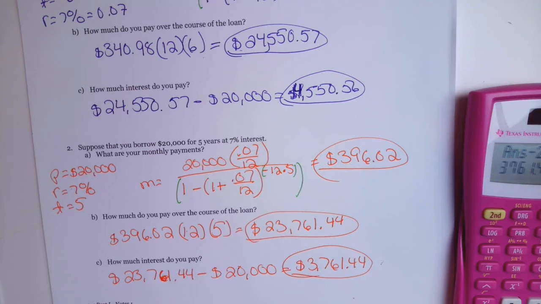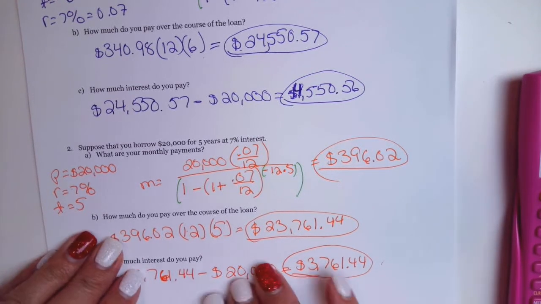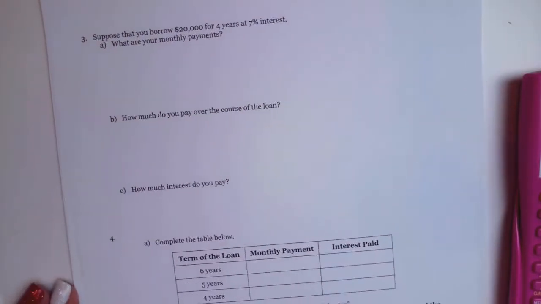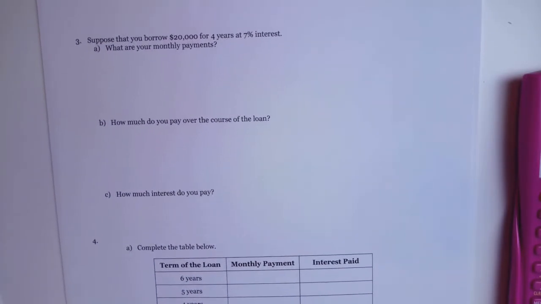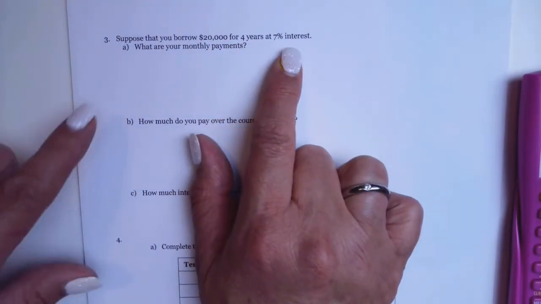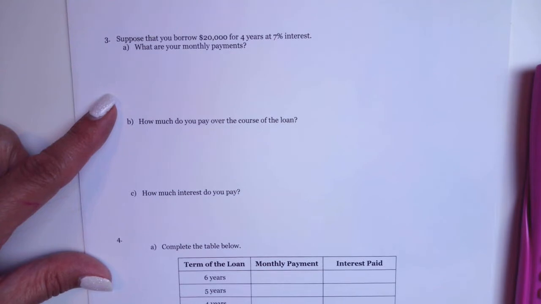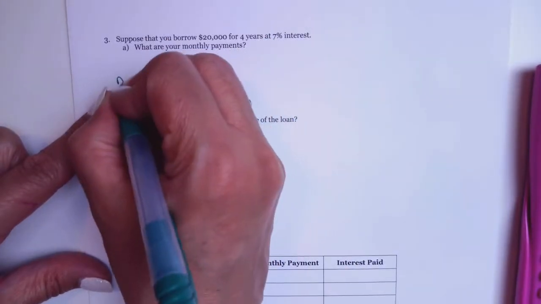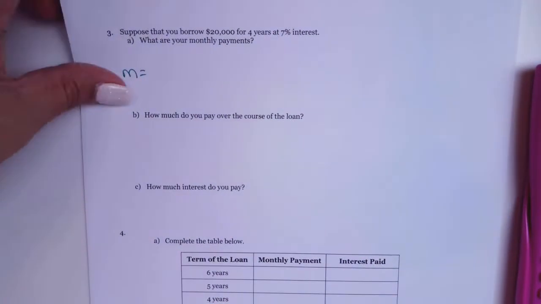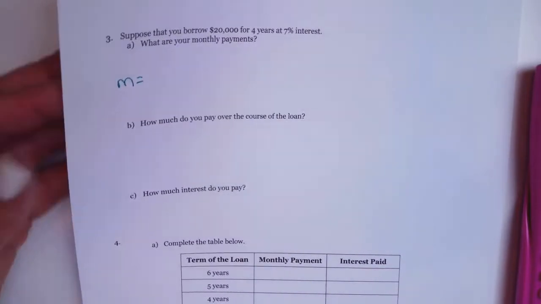We're actually going to compare that because our next question is, we're again borrowing the exact same amount, now for 4 years at 7% interest. So the only thing that changes here is the number of years. So our monthly installment, again, this is what we use.